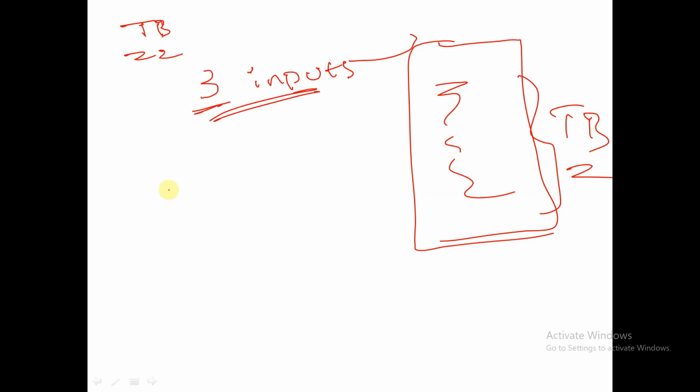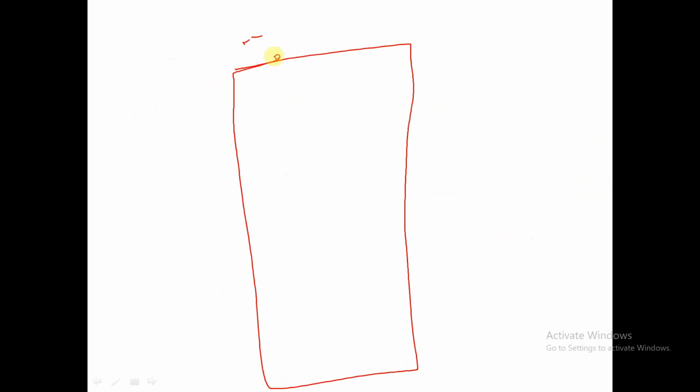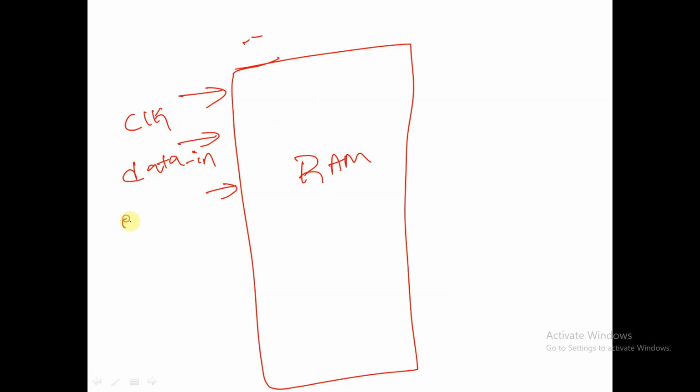So this is a small design with only three inputs, and let's consider another example, a RAM. In this RAM we have a clock, data in, write enable signal, read enable signal, and a data out signal.